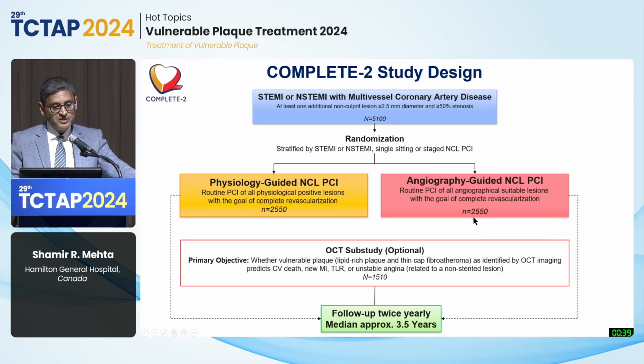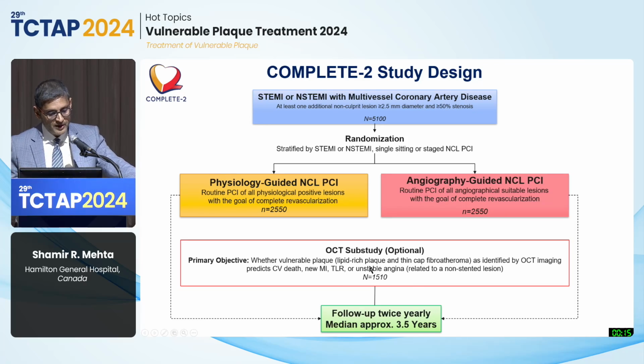Now, in the COMPLETE 2 study, we want to really study this and try to understand it in a lot more detail than what we currently understand. You know that the original randomization in the trial is physiology versus angiography, but we have a large OCT imaging study. The type of study that I showed you with IVUS, virtual histology, and NIRS has never been done with OCT imaging.